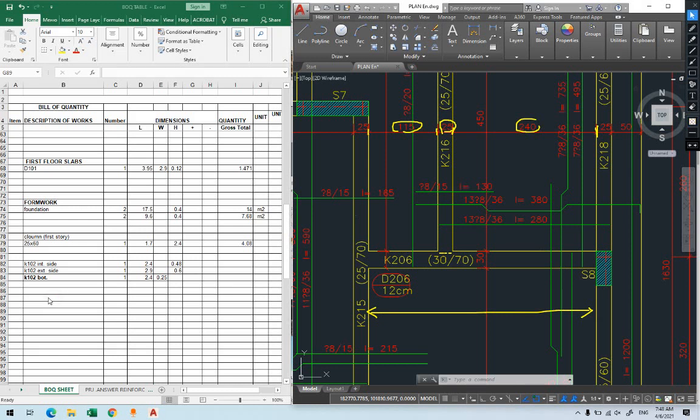I'll write this one, K206. I mean 2 sides. 2 sides of it, I will just write it together. Look, I'll multiply this 1. I can do 2, sorry, 2, because 2 sides I have it here.